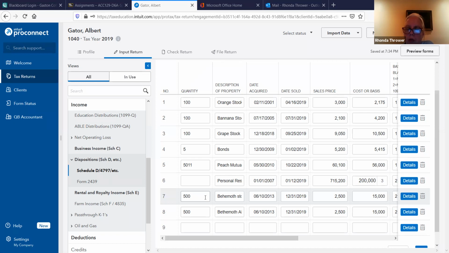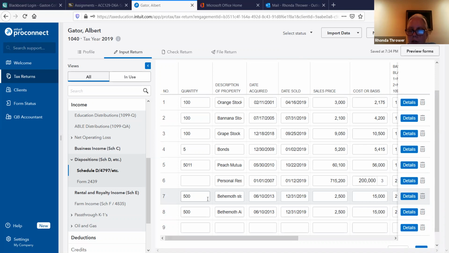The shares that were sold to a sister are considered to be a related party transaction, and the loss from the sale of these shares of stock is disallowed for related party transactions. So I had to break the transactions down in two parts, because one of these is a related party transaction where the stock was sold to the sister.